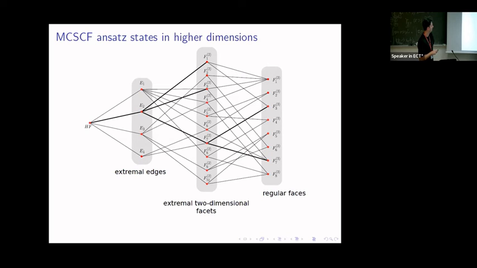Then we look at all the two-dimensional faces that contain this edge, write down the variational ansatz states corresponding to them, minimize, and pick the lowest one, let's say this one. Then move on to the higher dimensional ones, and we would end up with some relatively low energy ansatz state.